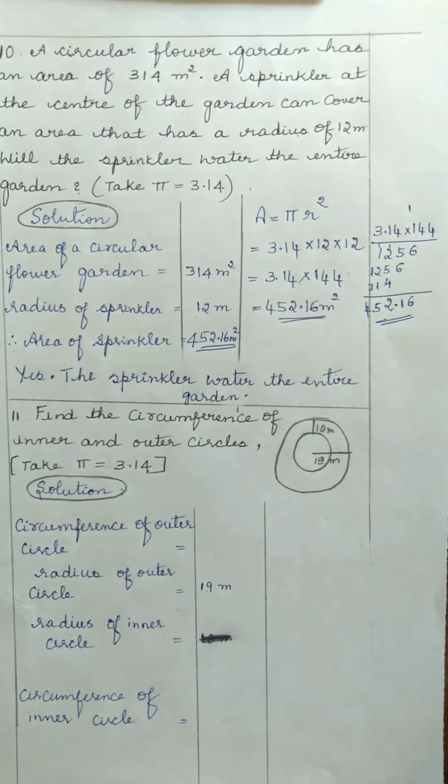Yes, the sprinkler waters the entire garden. Since the area of the sprinkler is having the greater value when compared to the area of the circular garden, therefore the sprinkler waters the entire circular garden. This is the answer for the 10th problem, children.